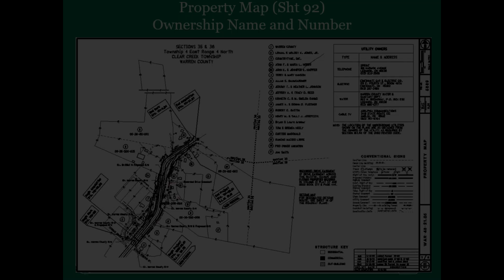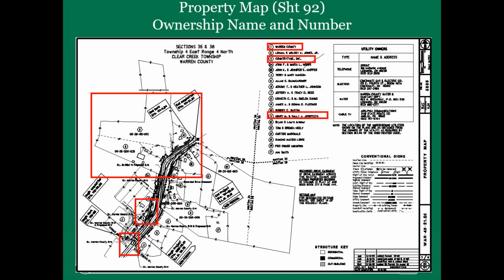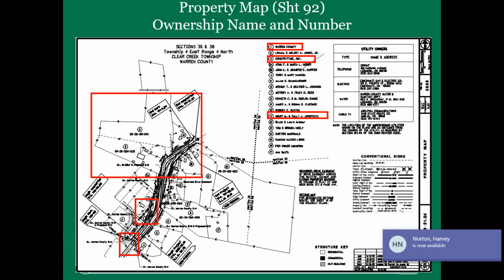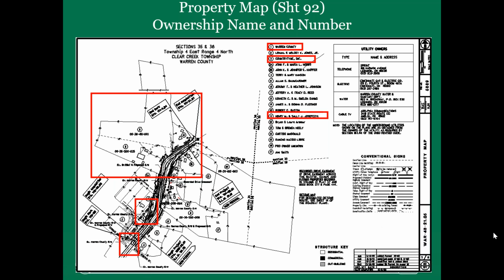Again, I don't have enough time to go into detail on this, but here's a property map. As you can see, the scale at which it is put is kind of like being in an airplane about 5,000 or 10,000 feet above the project corridor. So you're not getting a lot of detail here.